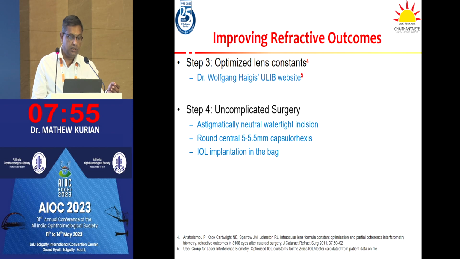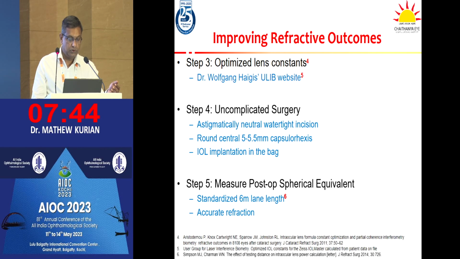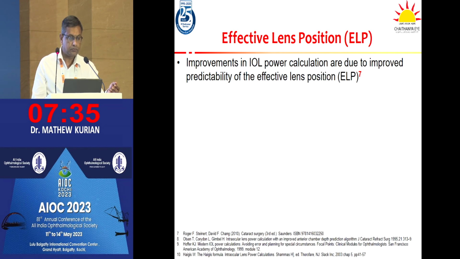The last thing is to obviously have uncomplicated surgery, because when surgery leads to complications, everything is out of the window. Finally, there is the postoperative refraction measurement, and this is where manual error comes in, and I'll discuss that towards the end of the talk.